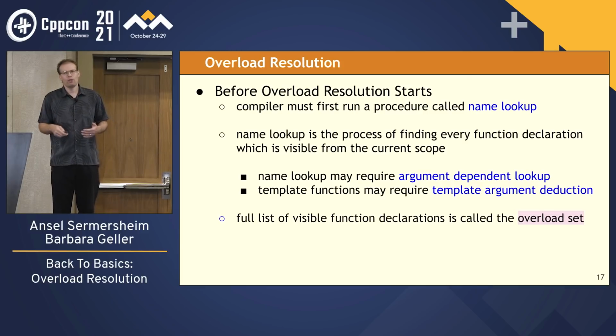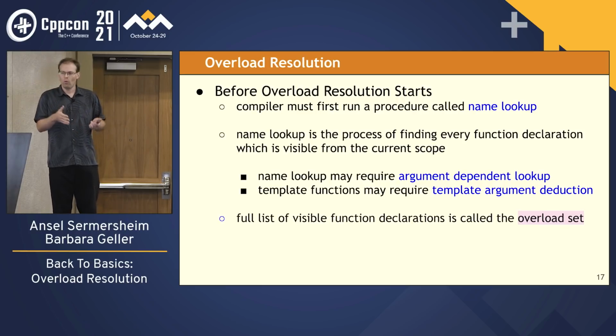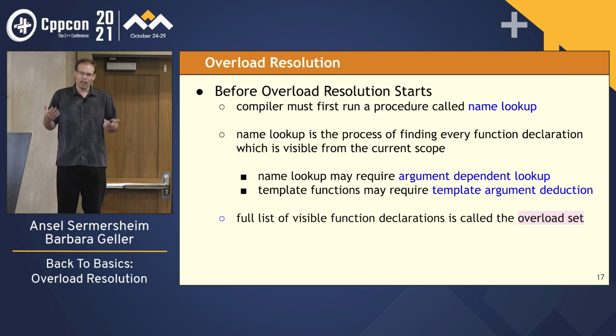Now, before we can even start doing overload resolution, the compiler has to do something called name lookup. It has to find all the things with the given name that it could possibly be calling at the location where you're making a function call. So it's just the process of finding every function declaration which is visible from the current scope with the given name, which sounds pretty simple, except it may have to look in quite a few namespaces, like the one you're in, maybe the class you're in, going all the way up to the global namespace.